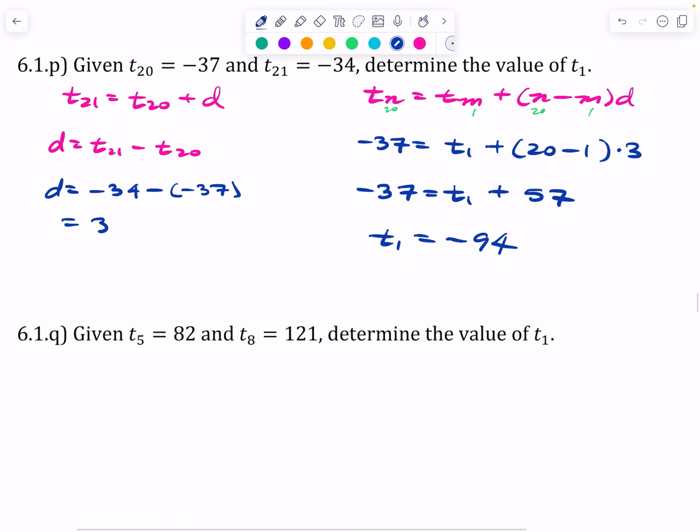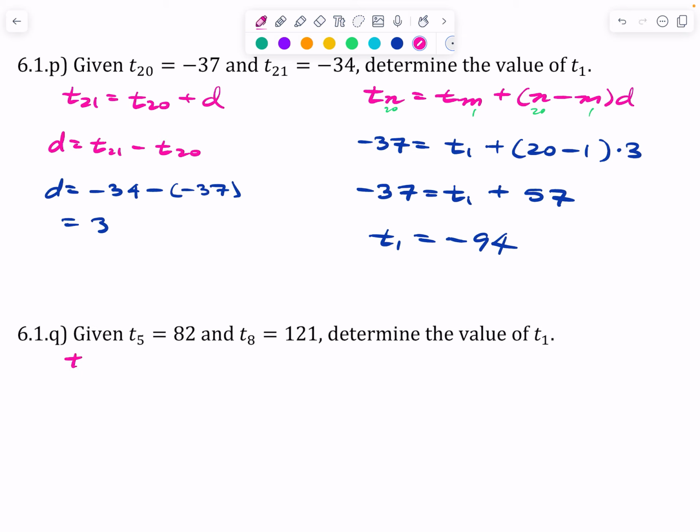For the next one, we're not given 2 consecutive terms. We're given term 5 and term 8. There's some other terms in between. We add the difference some number of times, though, to get from term 5 to term 8.